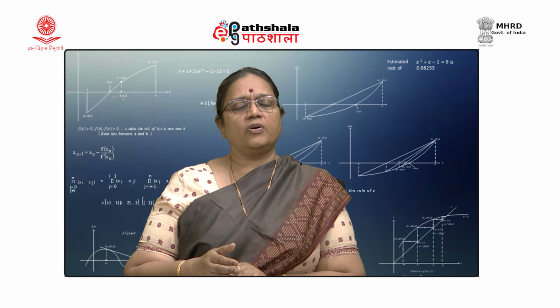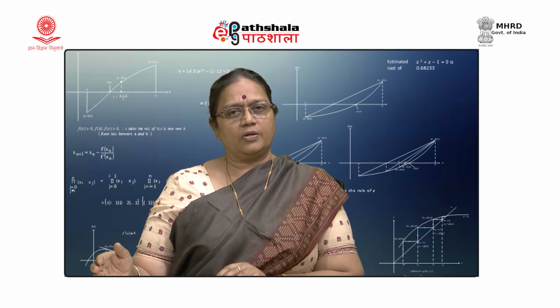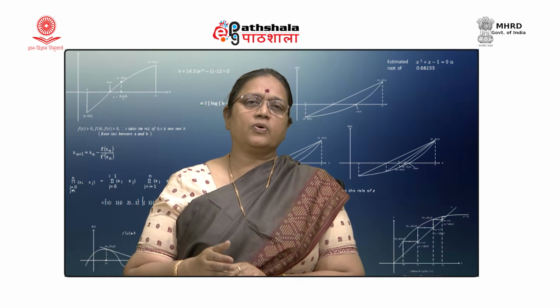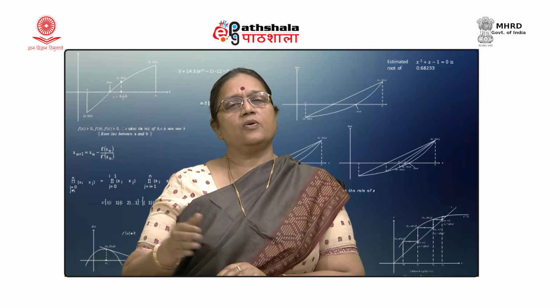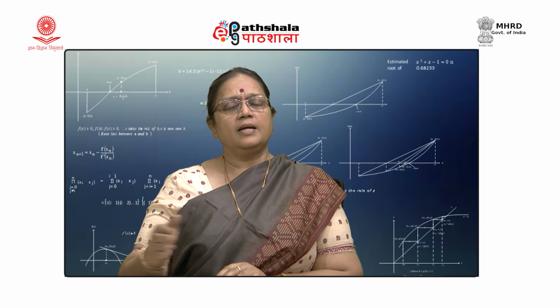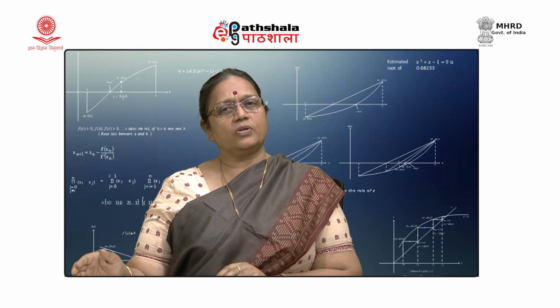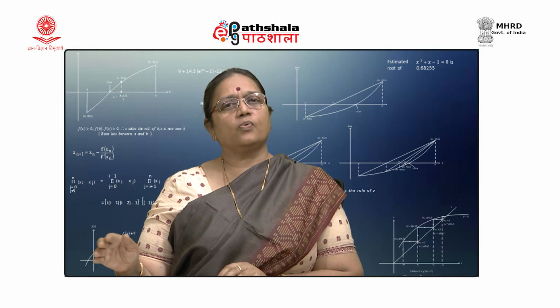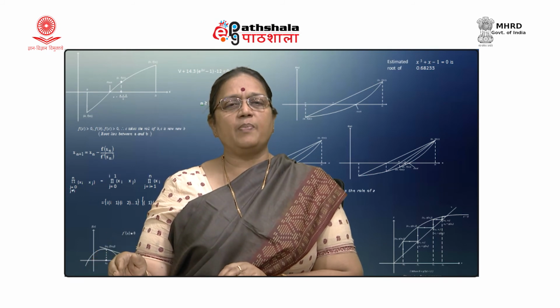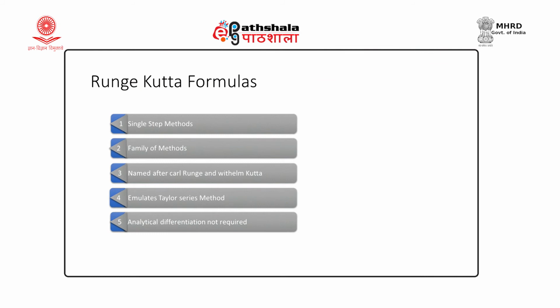So, Taylor series of order 1 corresponds to Runge Kutta formula of order 1, order 2 corresponds to Runge Kutta formula of order 2, order 3 to order 3, and order 4 to order 4. So, what we have is a family of these Runge Kutta formulas, and they were derived by Runge and Kutta.